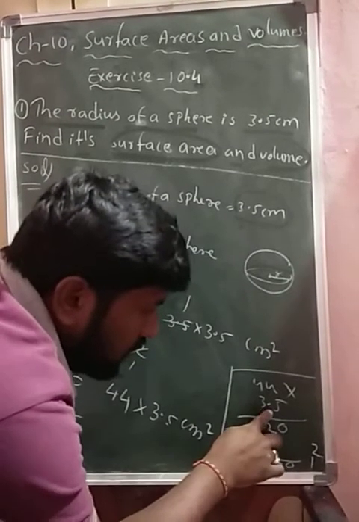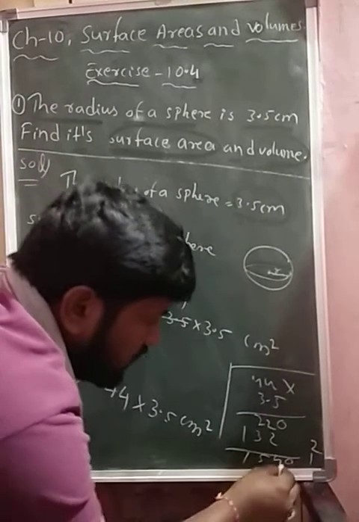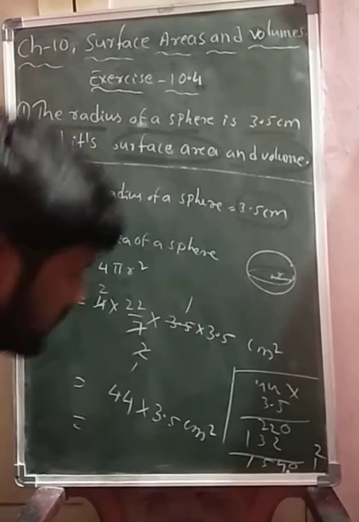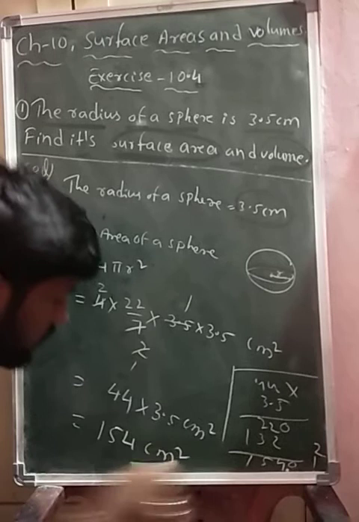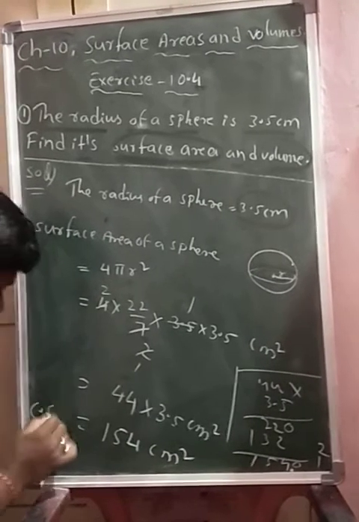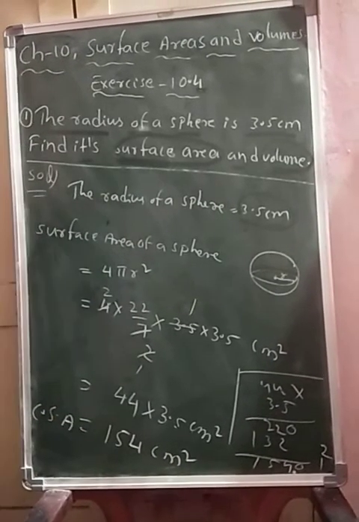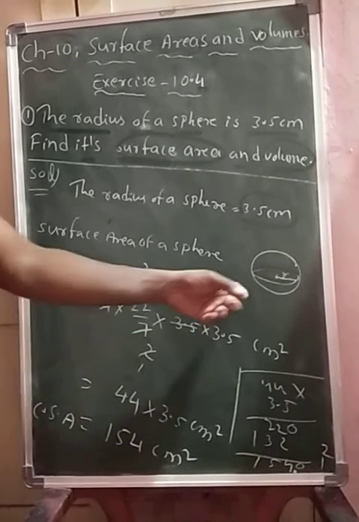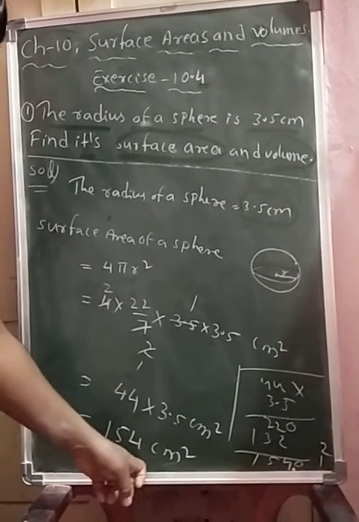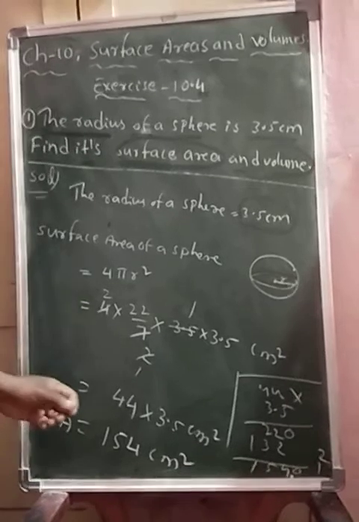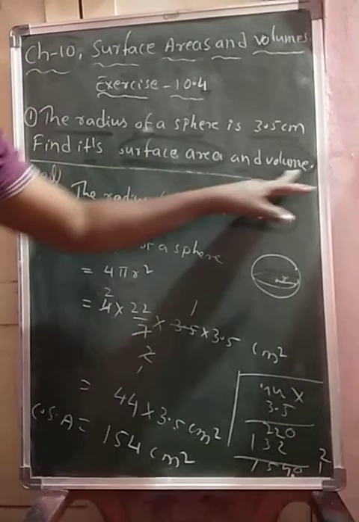Here one decimal place is there. So that's why we can write it as 154 square centimeters. So the curved surface area of the sphere is 154 square centimeters. Now see its volume.